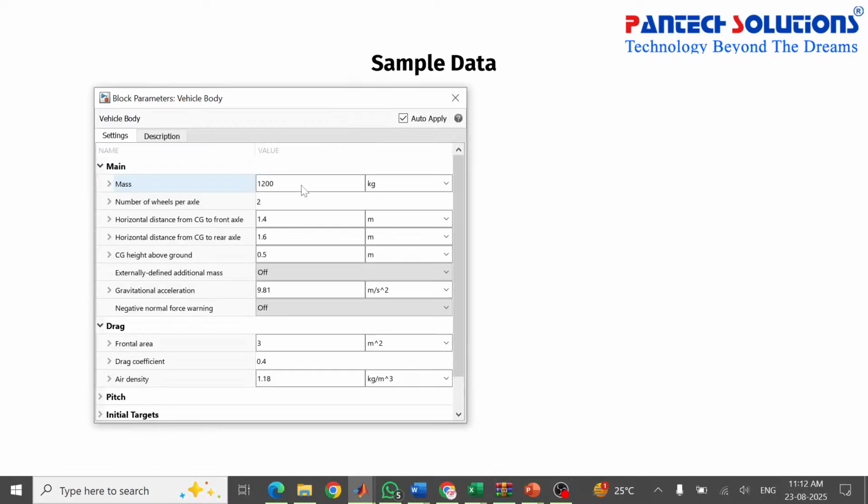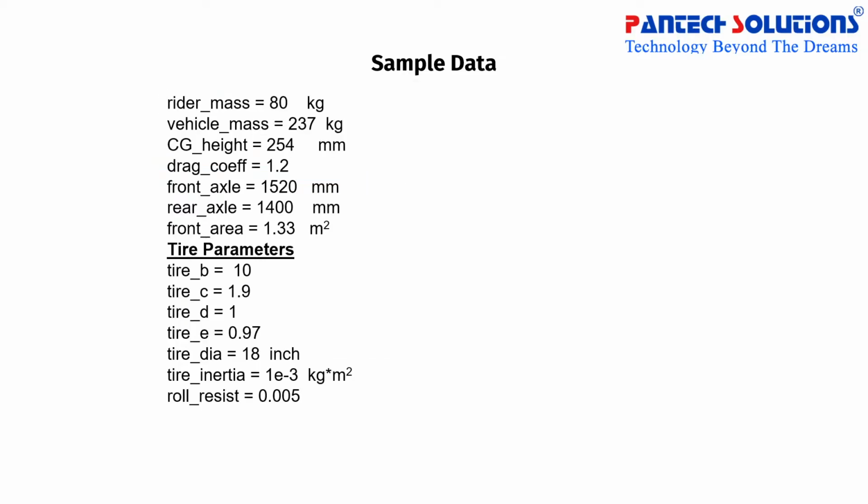Now we need the total mass of the vehicle, which is 237 plus the rider mass of 80 kilograms. So the total mass of the vehicle will be 317 kilograms. You can see here we give it in kg. At the same time the unit is also very important.